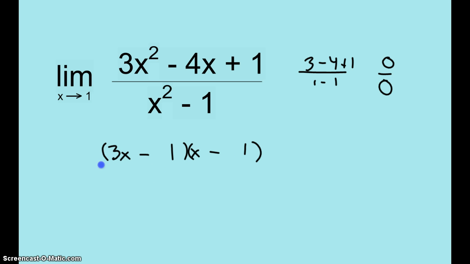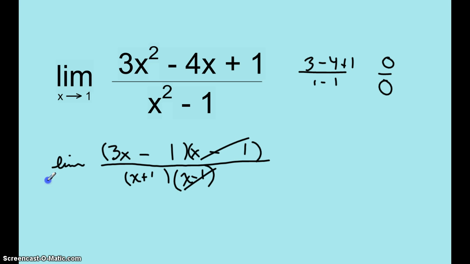Hey, that's a good job factoring. In the denominator, x plus 1 times x minus 1. The x minus 1s will cancel out, and we have a new limit. The limit as x approaches 1.